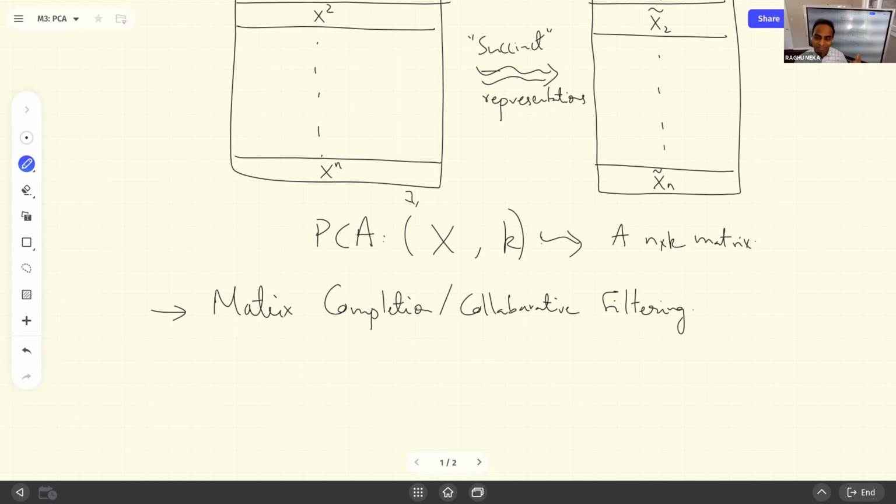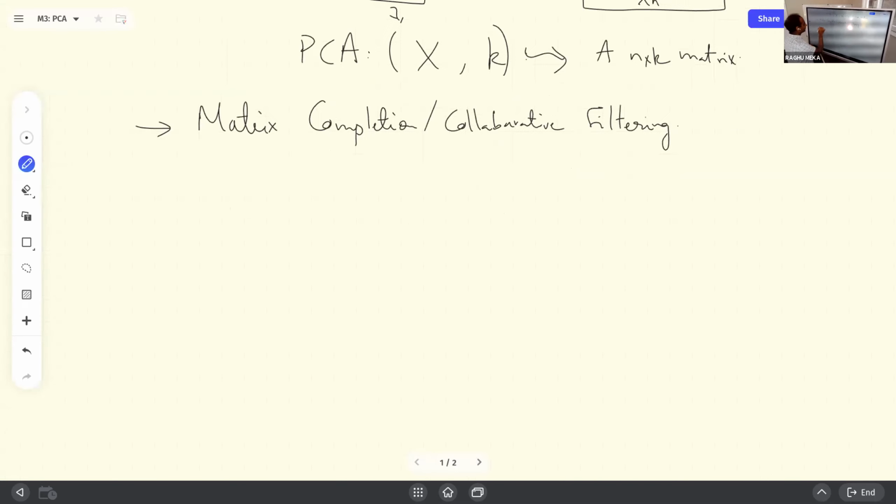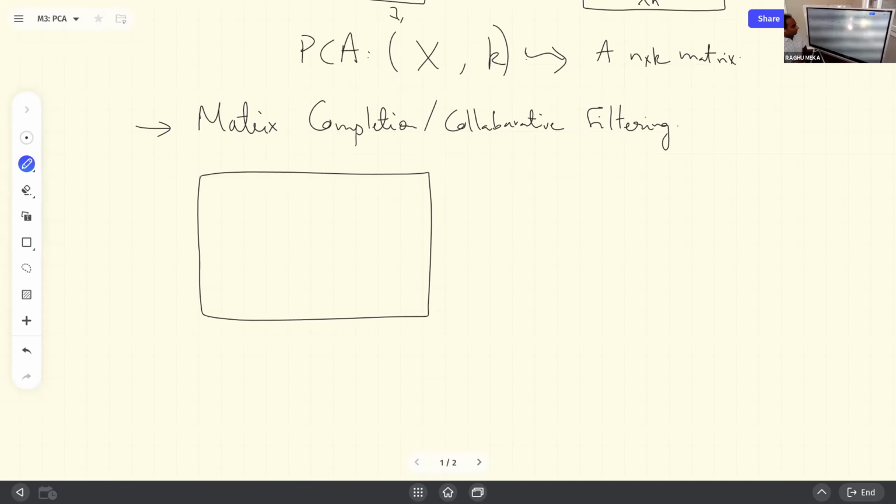But it turns out the same algorithm is also a very good first step for solving this question of recommendation systems or collaborative filtering. So what's the problem here? The problem here is the following. Now suppose I'm Netflix and I have all the data about all the users and the movies.